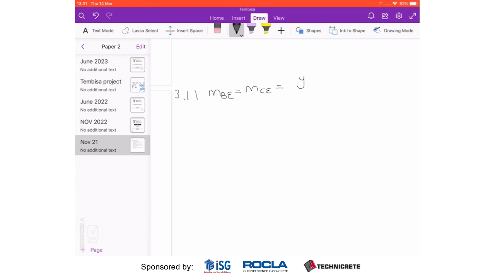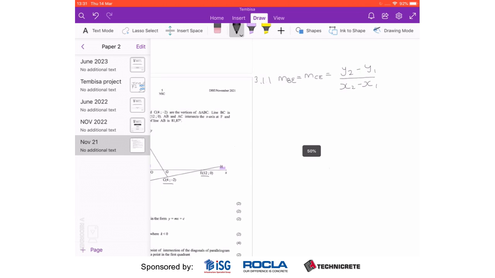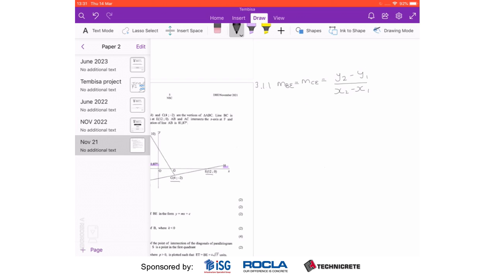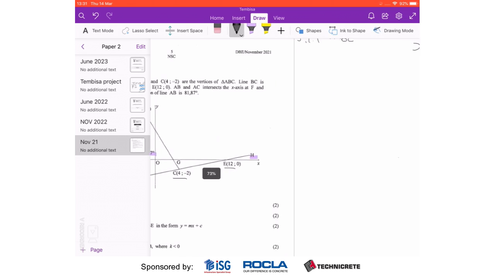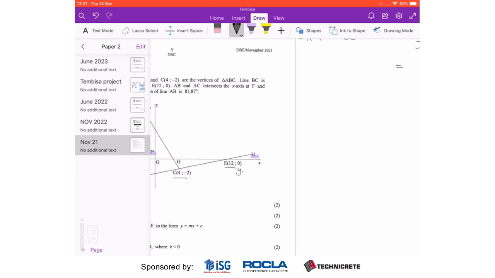So the gradient formula is y2 minus y1 over x2 minus x1. Our C is (4, -2), and my E is (12, 0). So make sure you're using the correct values. If I'm starting with E, then this is going to be my x2 and my y2, and this is going to be my x1 and my y1.